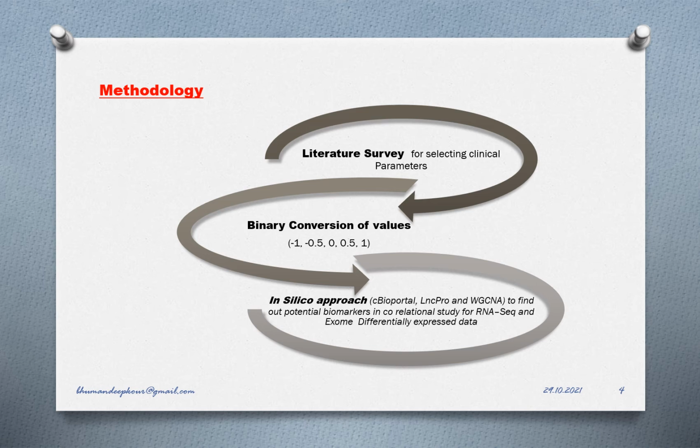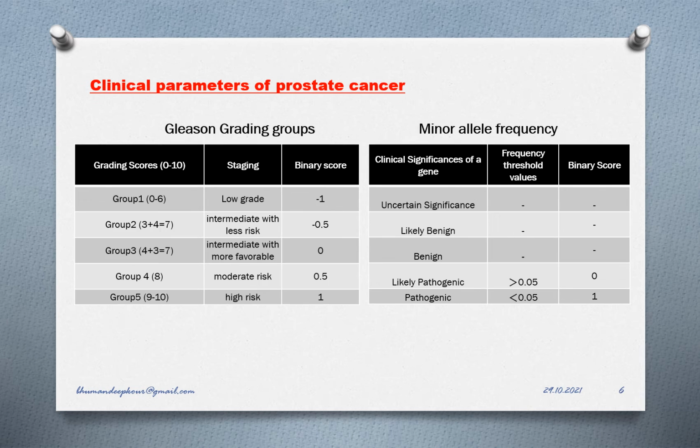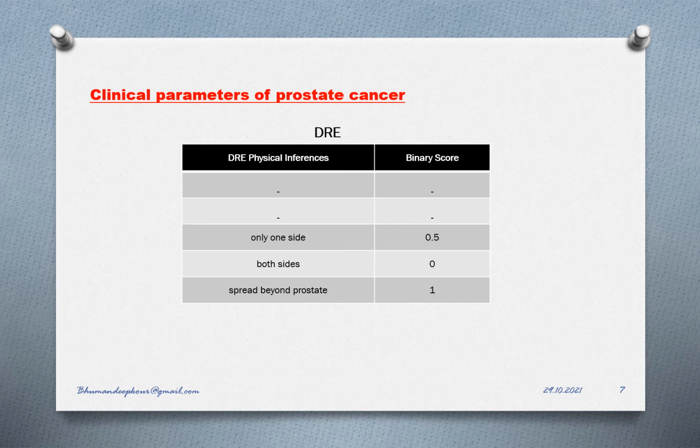First of all, we have taken the parameters for prostate cancer, that are PSA level, Gleason grading, minor allele frequency, and DRE values. All these values are seen corresponding to their normal ranges, and we try to make a risk stratification from the lowest risk to higher risk.